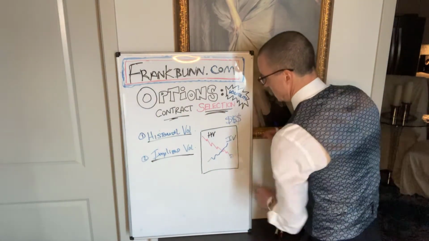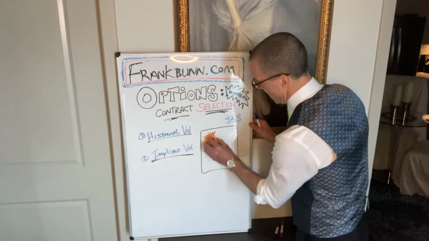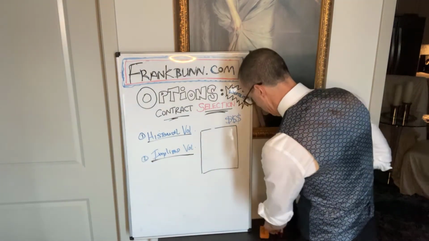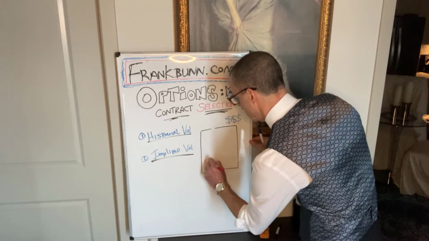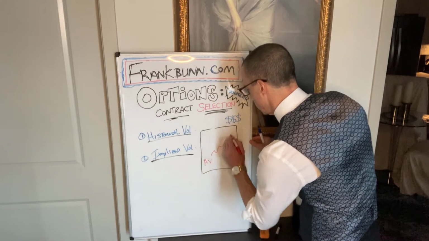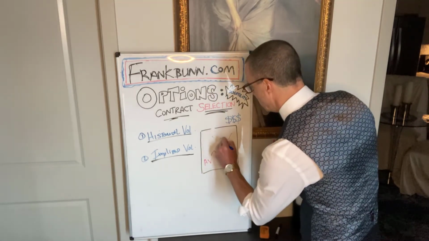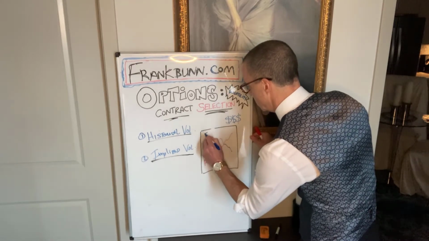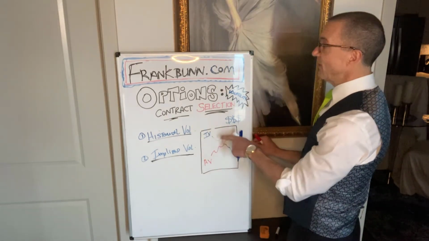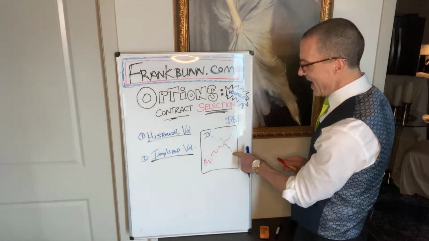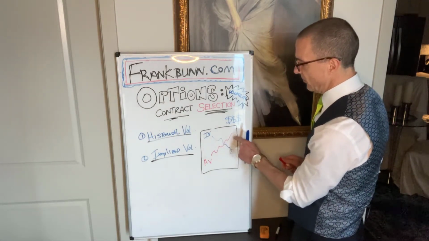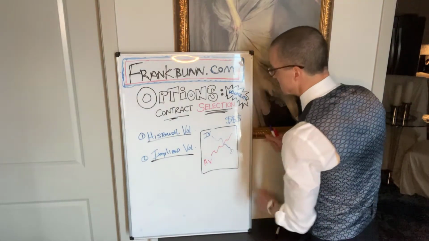Now, if we take a look at the opposite of that, if we have historical volatility and implied volatility, if implied volatility is less than historical volatility, the option is considered to be cheap.